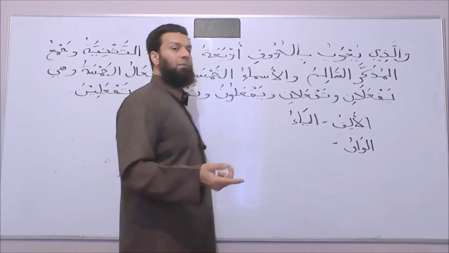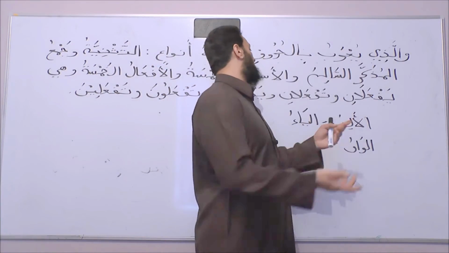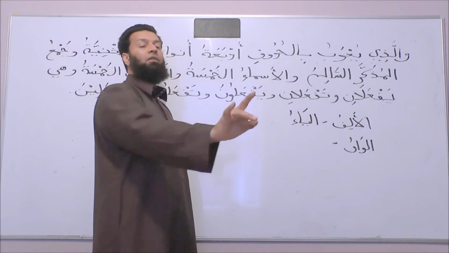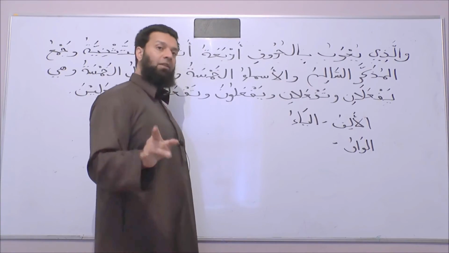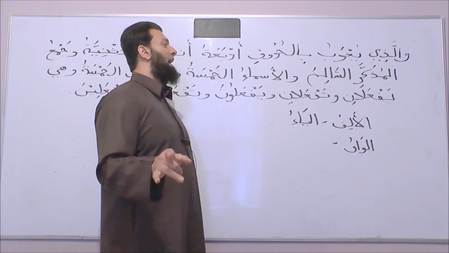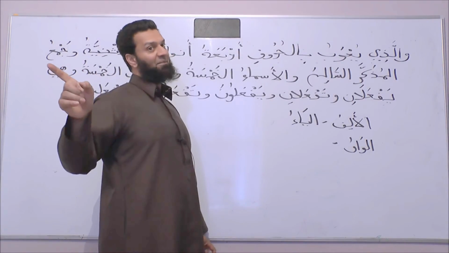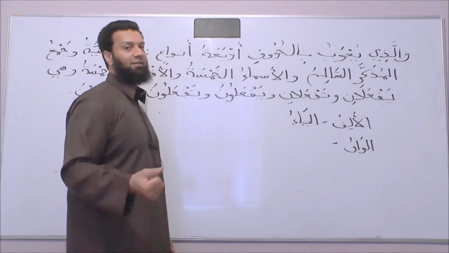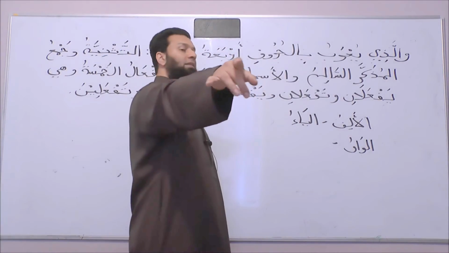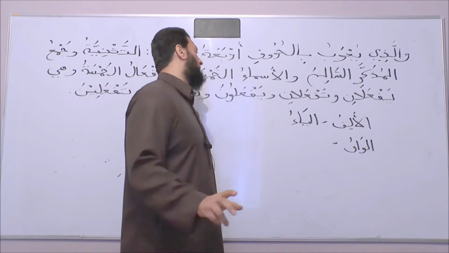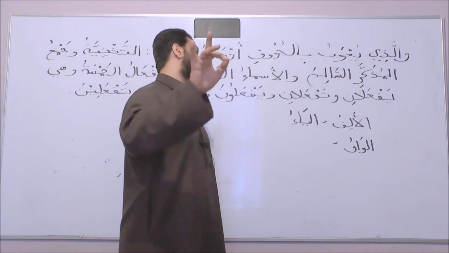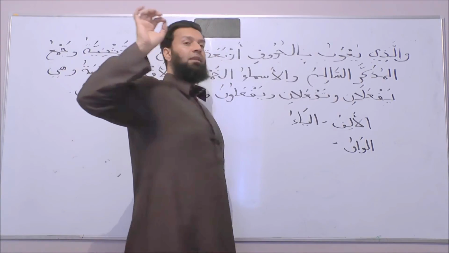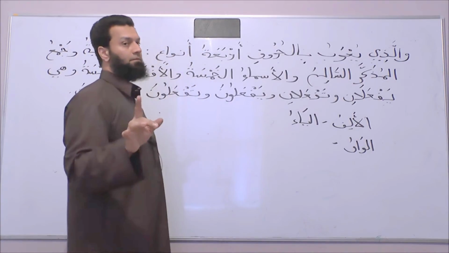Not did, are doing, because it's al-mudari'. Them two are doing. Taf'alani means you two are doing, you two, male or female. It could be either. It could be she as well. So taf'alani could have three possibilities: addressing two males, addressing two females, or speaking about two females.